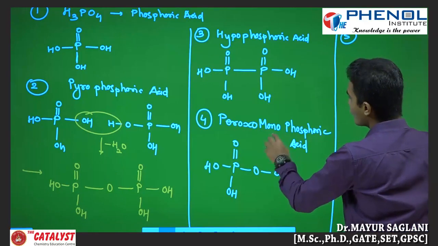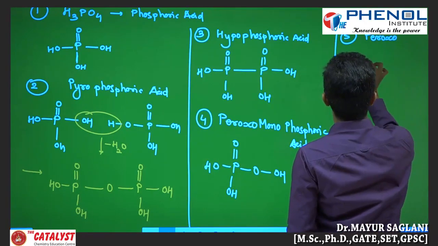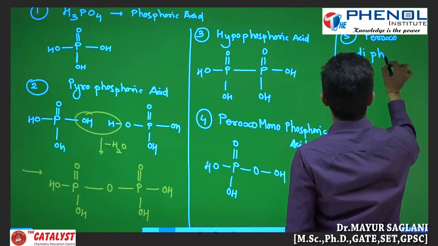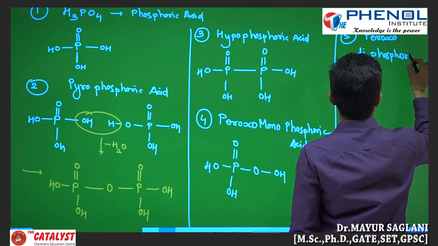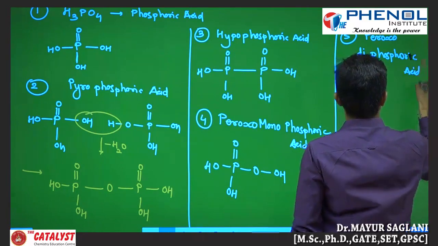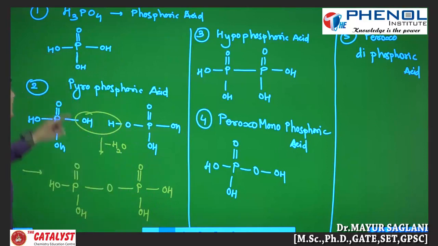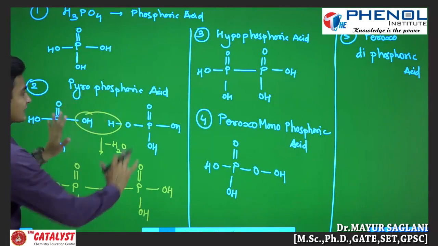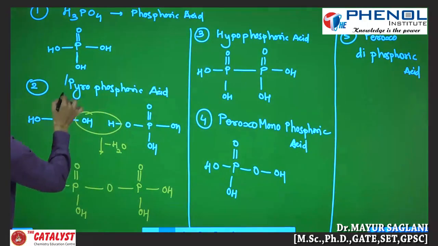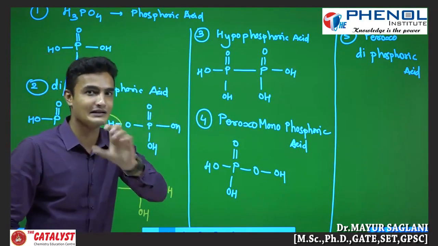I am writing peroxo diphosphoric acid. So you take diphosphoric acid. This one is called pyrophosphoric acid, and I may even write diphosphoric acid because these are the two units of phosphoric acid. So diphosphoric acid and pyrophosphoric acid are the same.